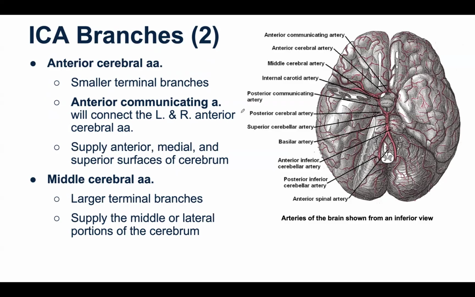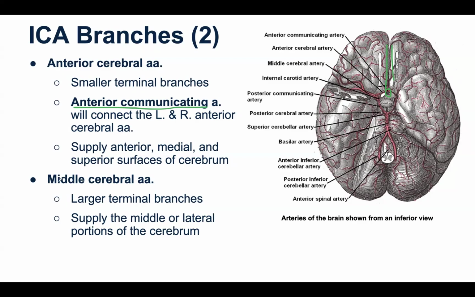Right before these two arteries begin to traverse through the longitudinal fissure, you're going to have an extremely small connection between them called the anterior communicating artery. That communicating artery will connect the left and the right anterior cerebral arteries.